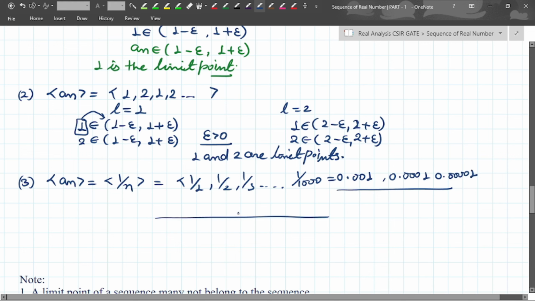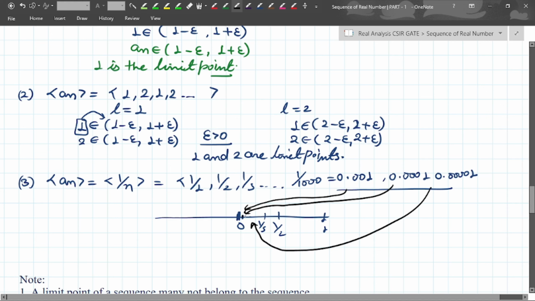It is 1, then 1 by 2, then 1 by 3 here. I'm just giving you the idea of a limit point. These points are making a cluster. If I zoom in, here it is 0 and all the points are here. There are infinitely many points.